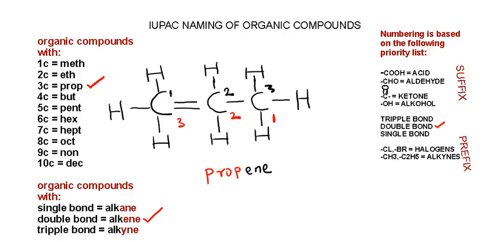Here we have 1 and 2 and we have 3 and 2. So 1 and 2 are smaller than 3 and 2. Between 1 and 2, 1 is smaller than 2, so we are going to choose number 1. This double bond is attached to carbon number 1.